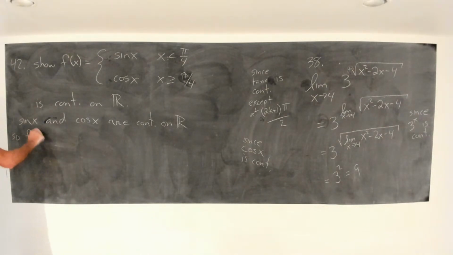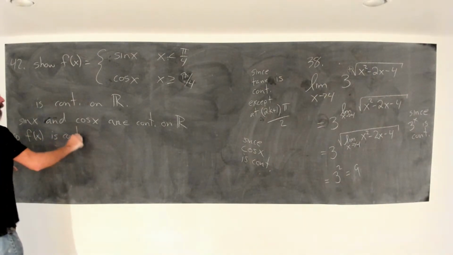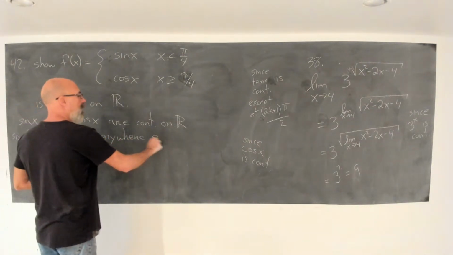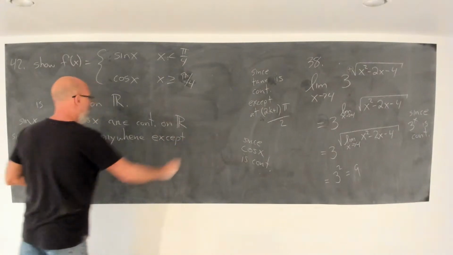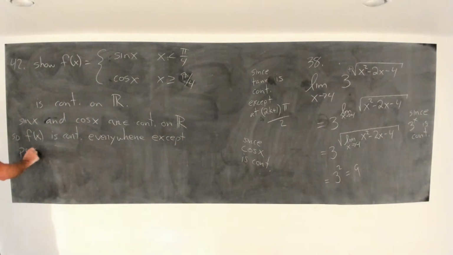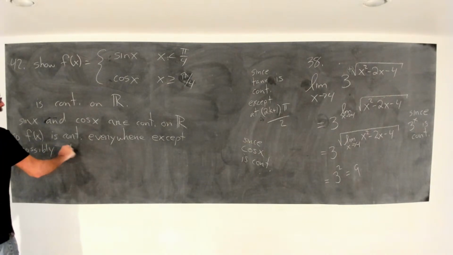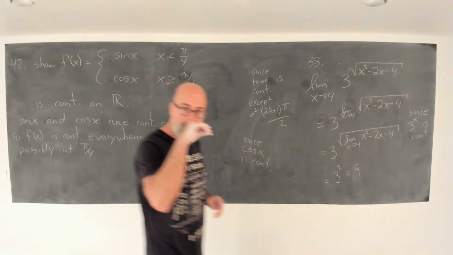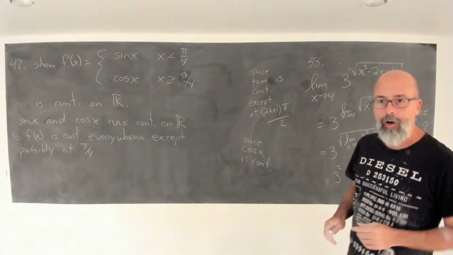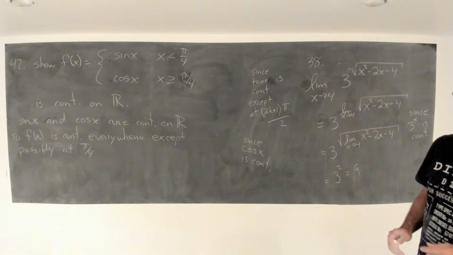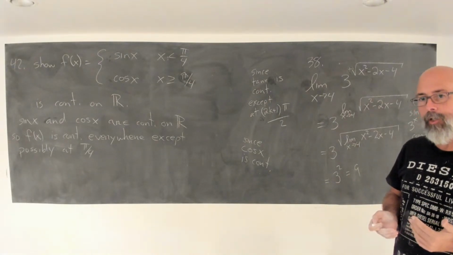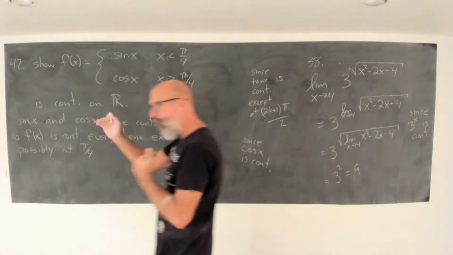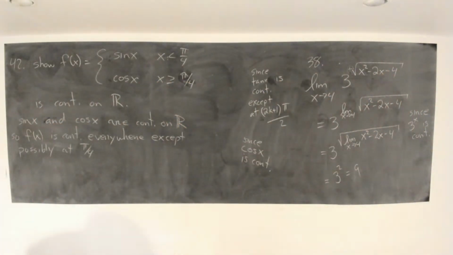So f of x is continuous everywhere, except possibly at pi over 4. Is that clear, everyone? I assume it's very clear that pi over 4 is the only place we need to worry about, because it's the place where you go from one function to the other.